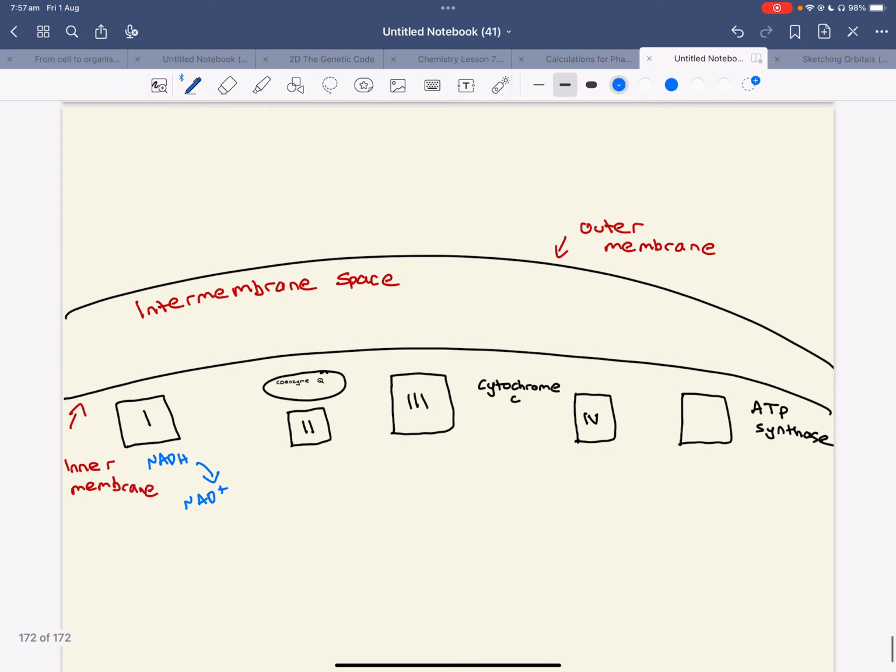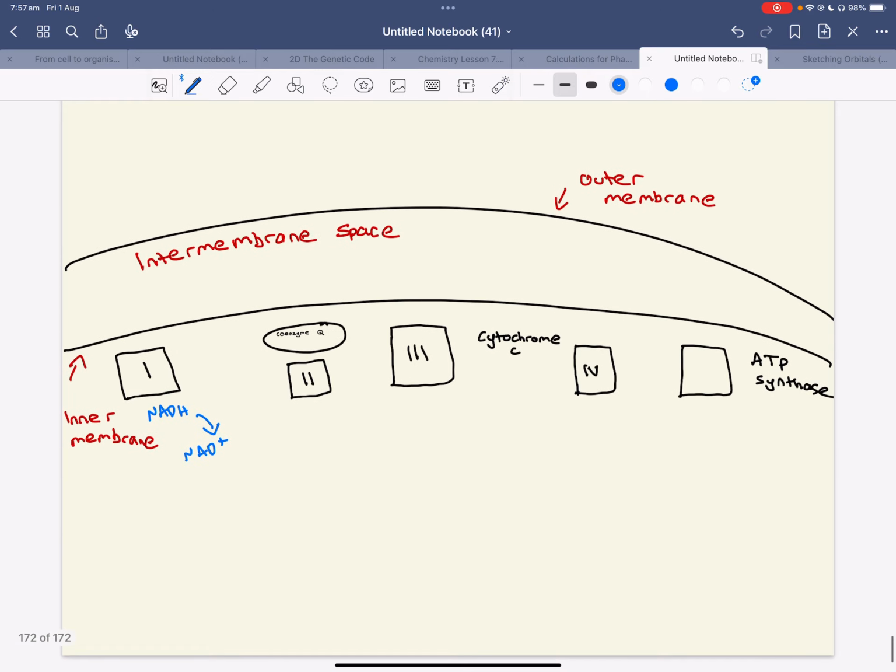And the electron, right? So you're going to get plus an electron. The electron is going to go to the complex, supercharge this complex 1, and allow it to pump H plus into the intermembrane space.